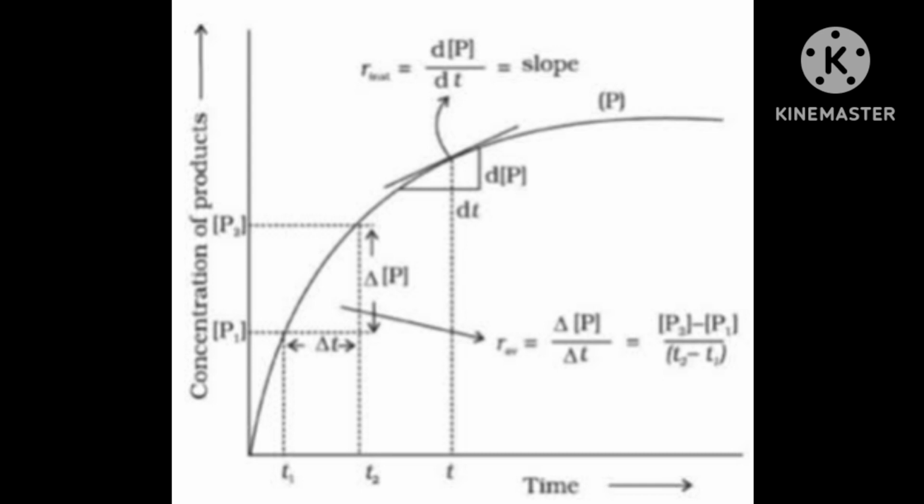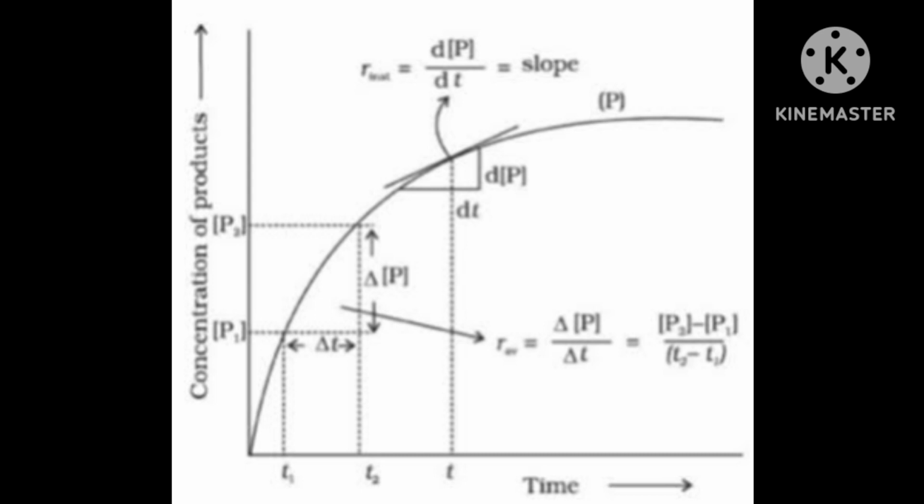Then the rate of disappearance of R, the reactant, is the decrease in concentration of R divided by the time taken, that is delta R divided by delta T. This is the rate of disappearance of R. In the same way, the rate of appearance of P, the product, is the increase in concentration of P divided by the time taken, that is delta P divided by delta T.